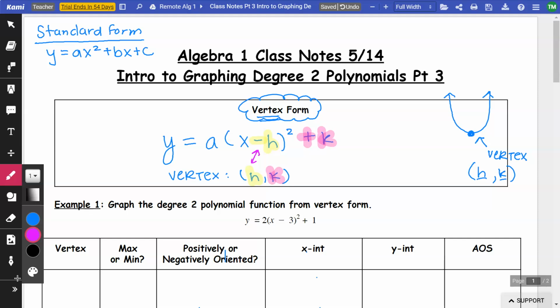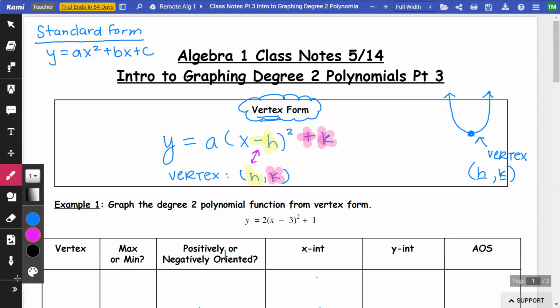I don't know, honestly, if we're going to have time to talk about it anymore in Algebra 1, since we're kind of wrapping up the year right now, but you will talk more about why that's the case in Algebra 2. So for now in Algebra 1, I just want to introduce it to you. I want you to be familiar with that. And then in Algebra 2, either next year or the year after that, you'll figure out why and dive deeper into that.